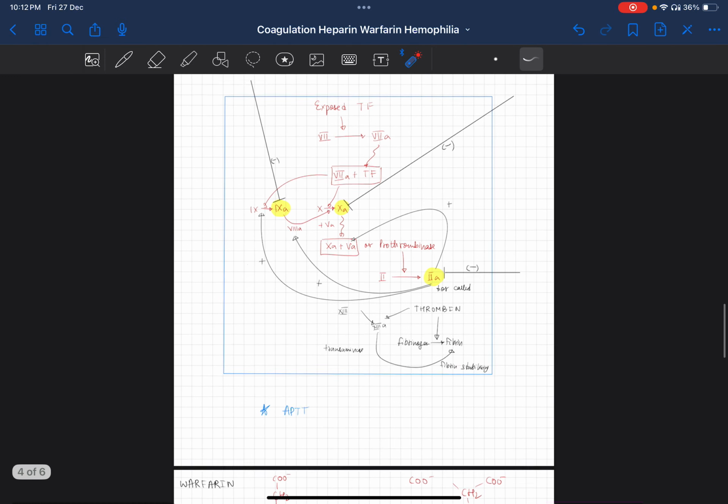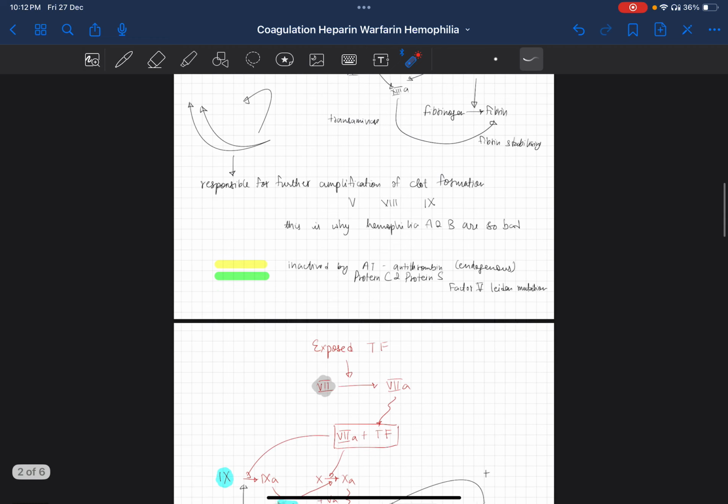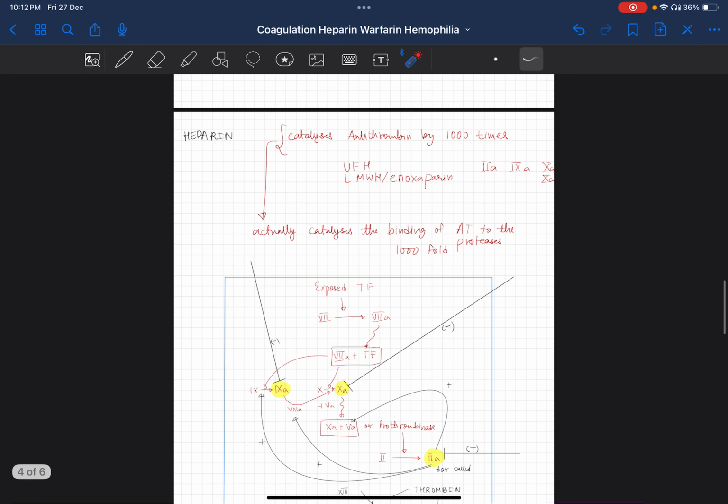Now we will come to the mechanism of action of heparin. Now heparin, there are two forms. You have unfractionated heparin, or you fractionate the heparin and you get the low molecular weight heparin out. Example is enoxaparin. Now I will tell the mechanism of action. Your antithrombin was there above, which was physiological, already present.